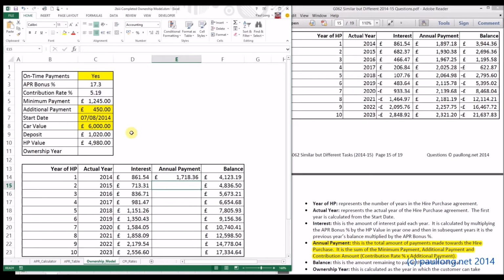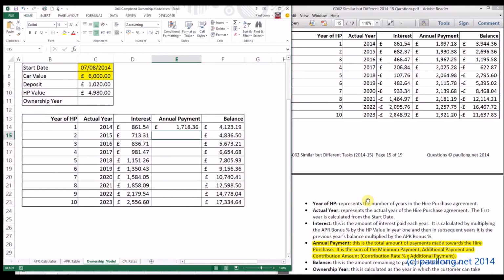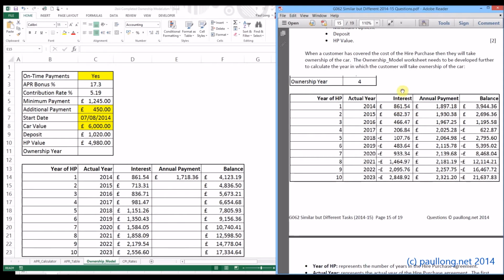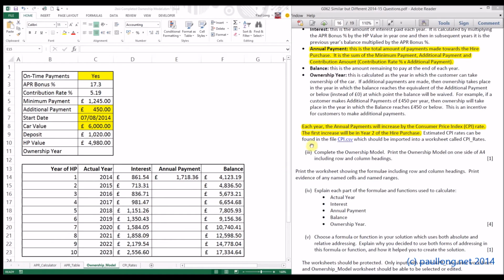Now we're going to look at year 2, which is 2015, and we're told that as time goes by, the annual payments increase by the CPI. So if we have a look at the part of the question where it tells us about this, it says each year the annual payments will increase by the consumer price index.